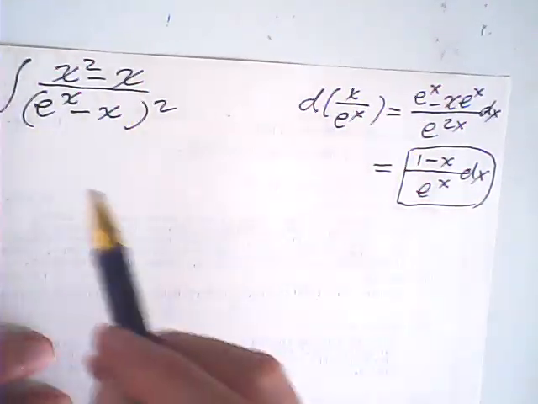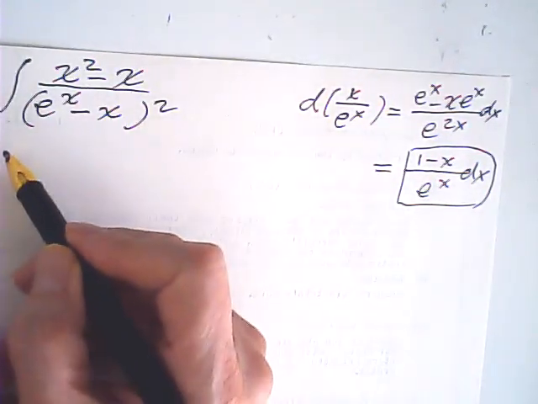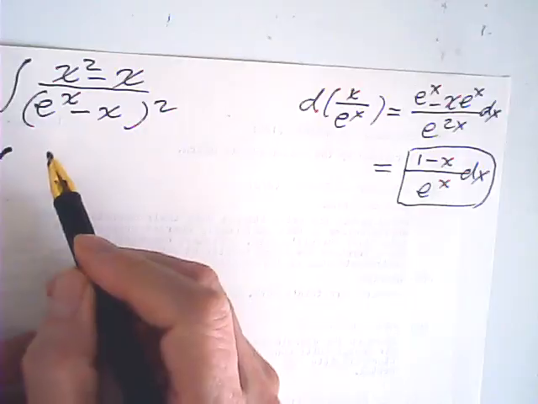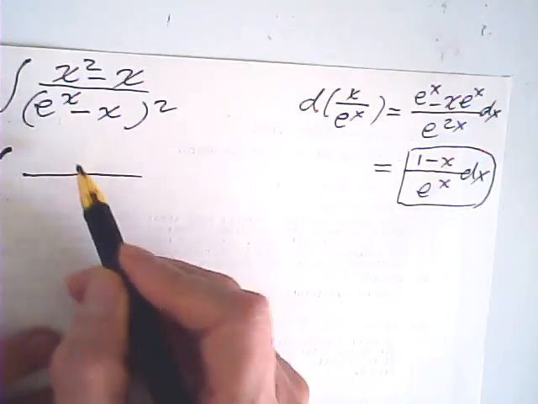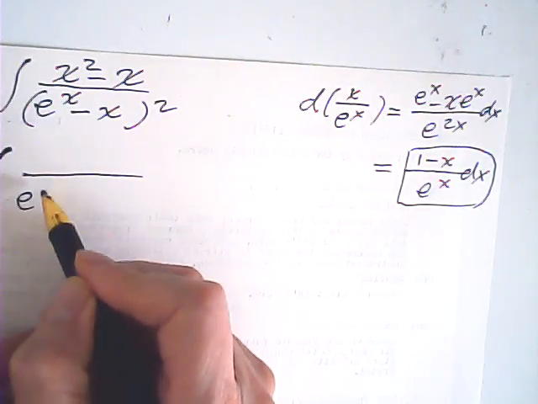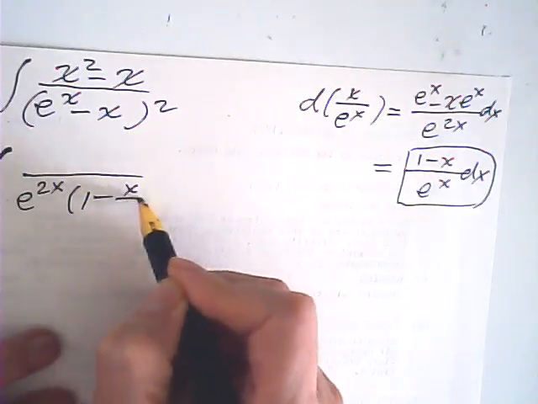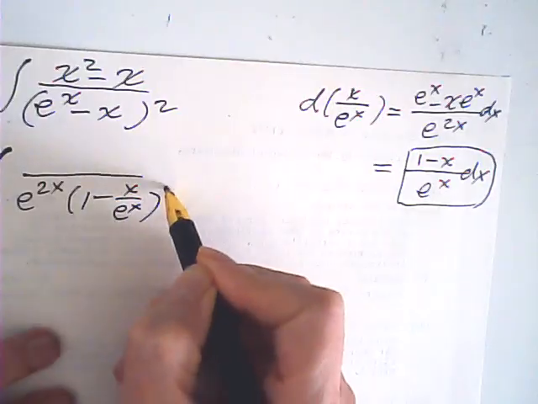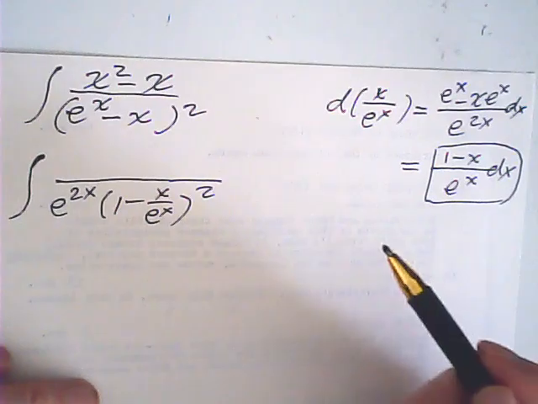And then I try to create something like that. Now here, if I take e to the x out, it becomes e to the 2x, isn't it? It becomes 1 minus x e to the x. Good. This one I have.